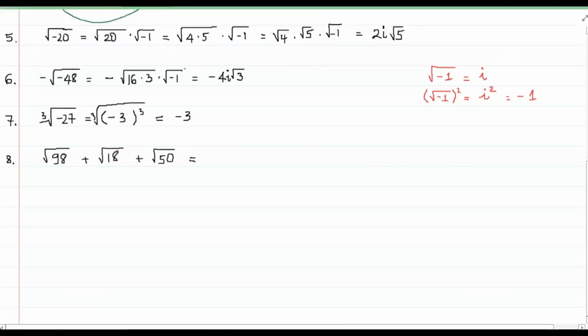Usually I was thinking about the squares of those numbers. 2 squared equals 4, 3 squared equals 9, 4 squared equals 16, 5 squared is equal to 25, 6 squared is 36, 7 squared is 49, 8 squared is 64, and 9 squared is 81. 10 squared is 100.